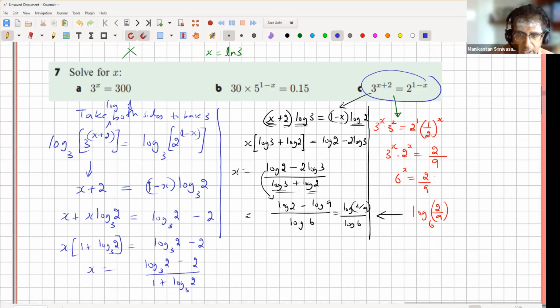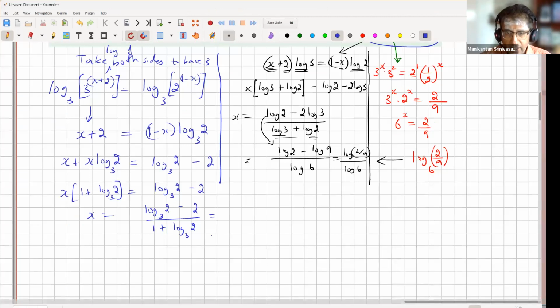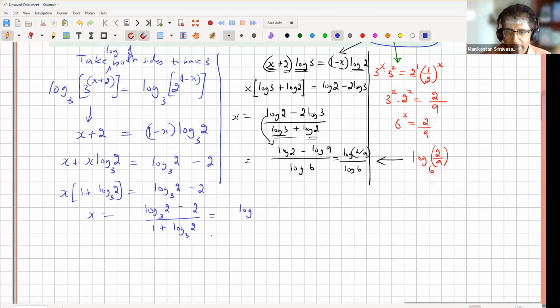So if you numerically work it out, it should work out same. But if you have to prove it's the same quantity, I'll convert everything to the log to the base 3. I will write the number 2 as log 9 to the base 3. And similarly, I'll write the number 1 as log 3 to the base 3.